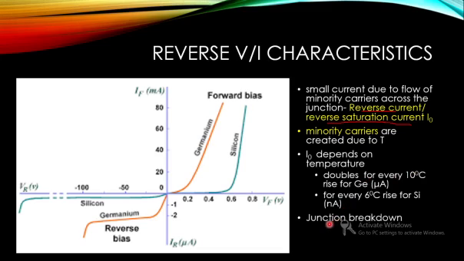Okay, and another feature that can be observed, here you can see the silicon is having very small current because it has a band gap which is more than that of germanium. Okay, so in silicon, it is difficult to remove electrons using temperature than in germanium. So that is why germanium is having more reverse saturation current than silicon.